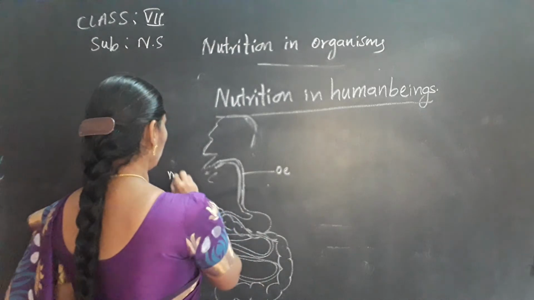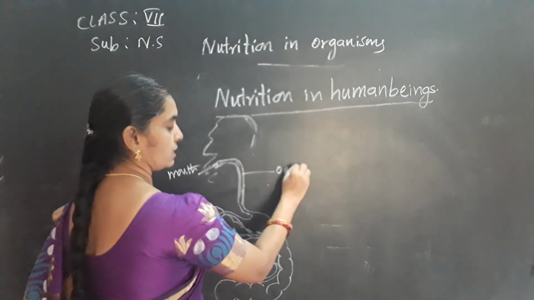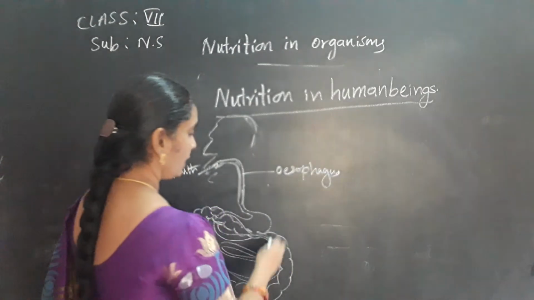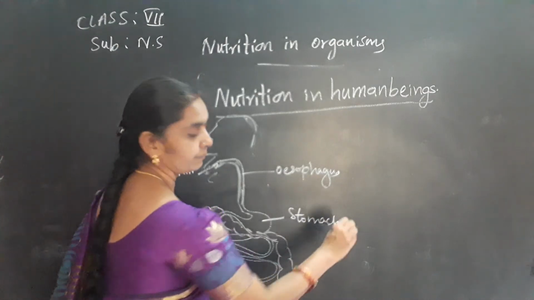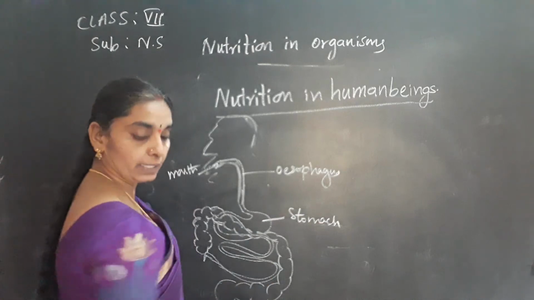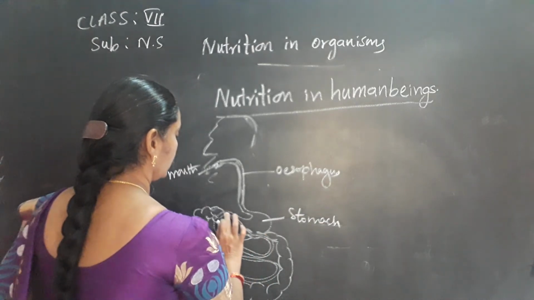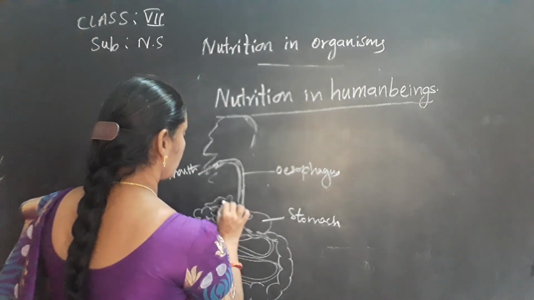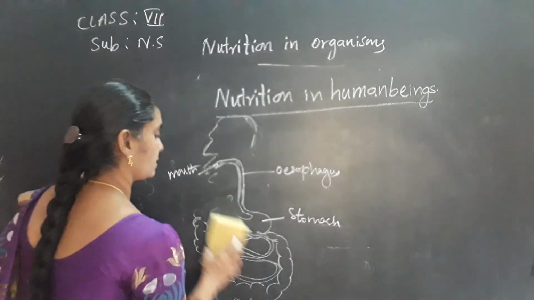From the mouth, the food goes inside, reaches the esophagus and stomach. Okay, stomach, and from there it reaches near the duodenum. We have a large liver, and here we have the pancreas.